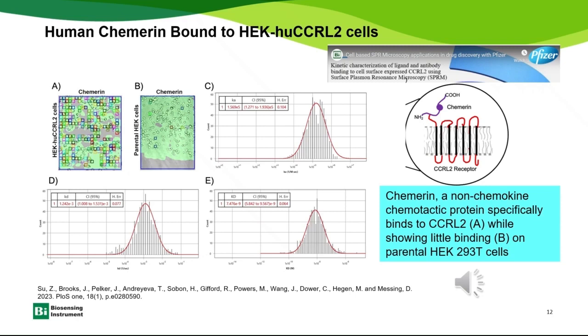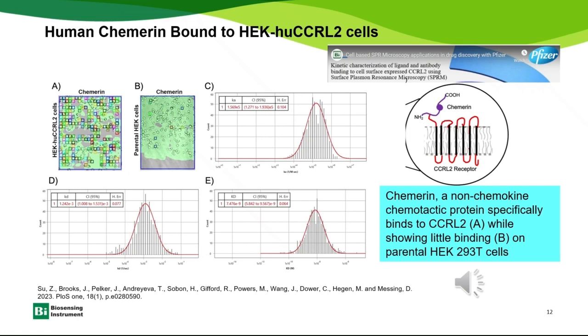However, there has been a lack of knowledge about what type of ligands directly bind to CCRL2, and also the corresponding functional impacts. This study is the first time to actually measure direct binding between a chemerin and the CCRL2 receptor.